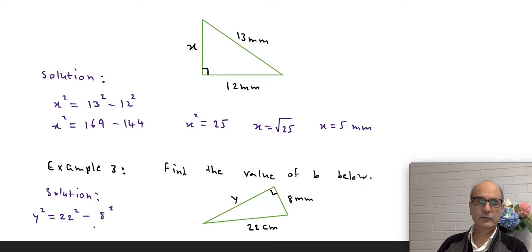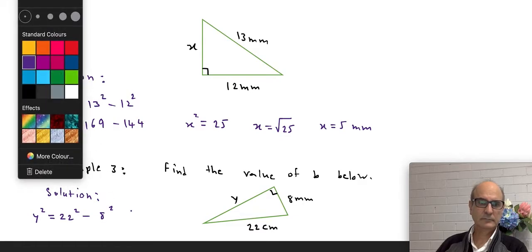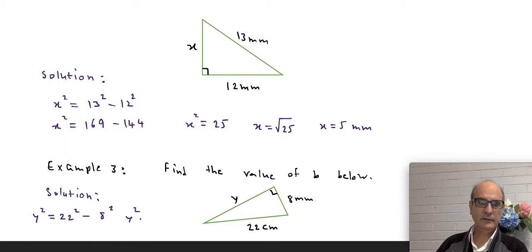If you work that out, y squared equals, if you put the whole thing in your calculator, 22 squared minus 8 squared.